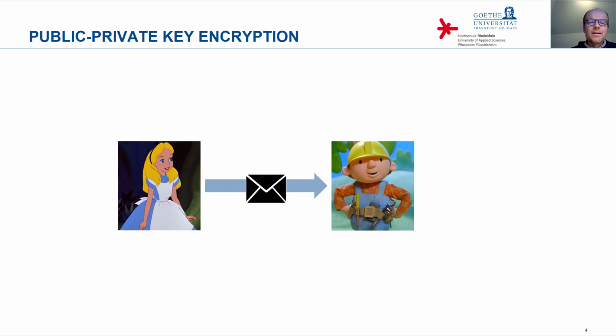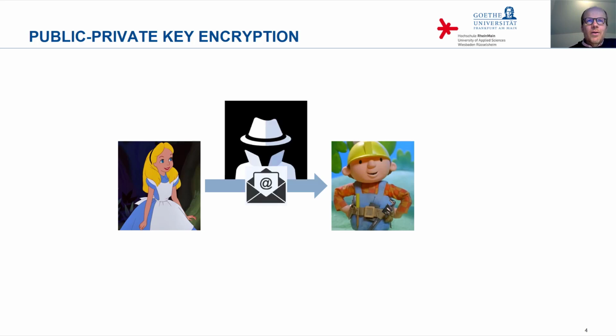Alice would like to send a message to Bob, and there might be an evil eavesdropper along the way in the middle who opens the message and reads the message. And that's, of course, what the two would like to avoid, and therefore they resort to cryptography.